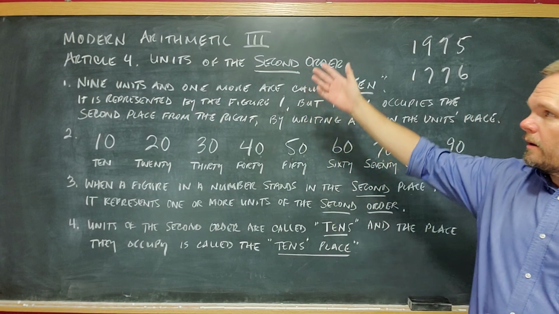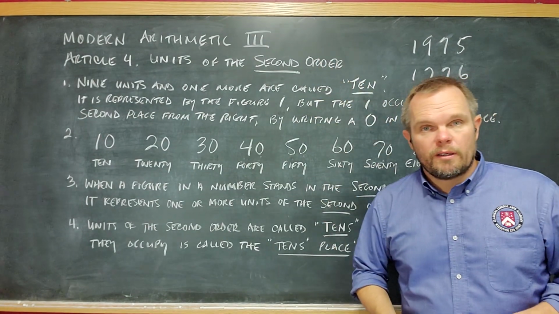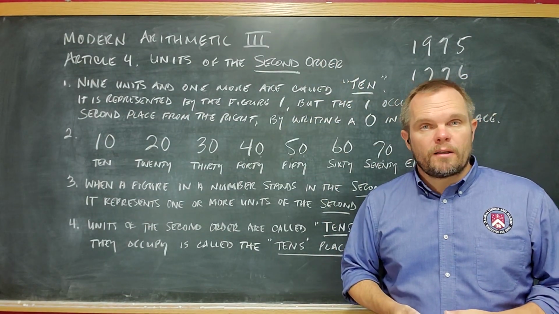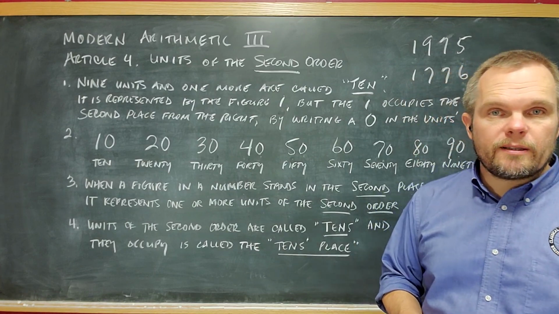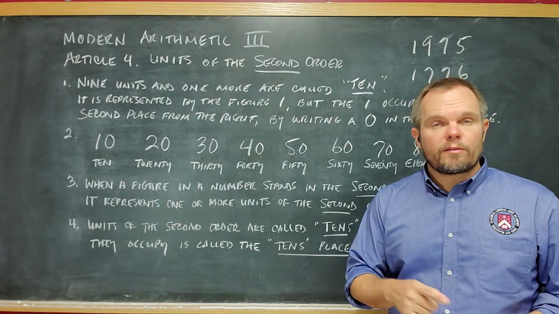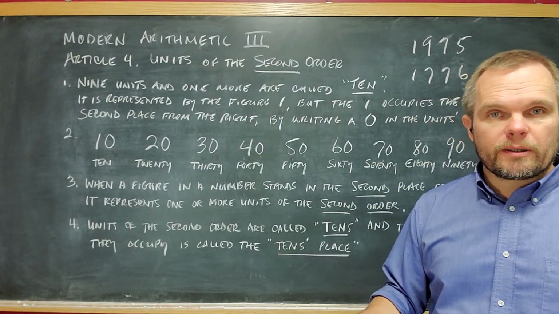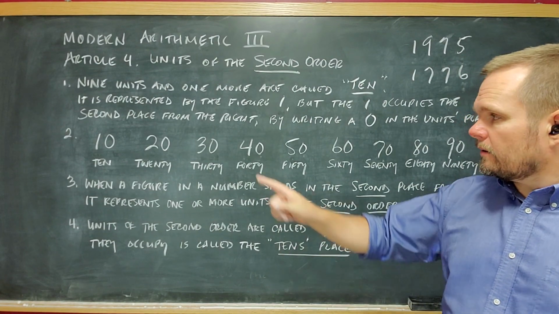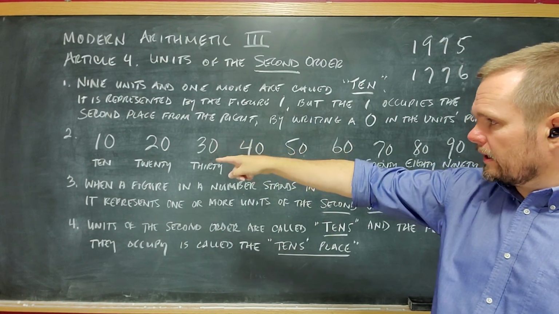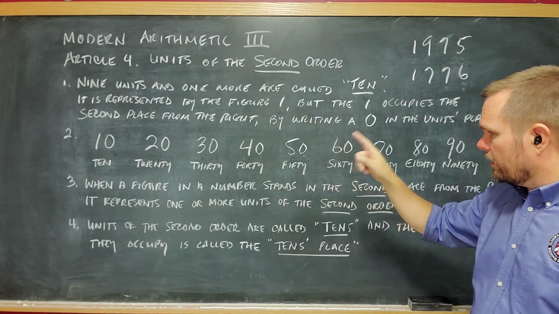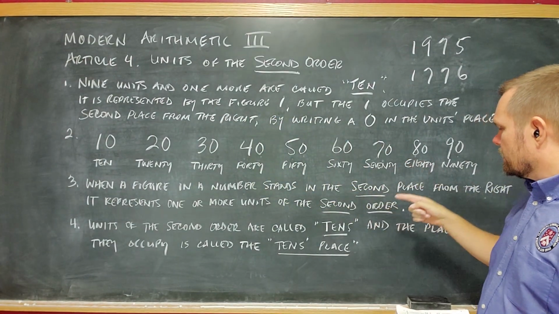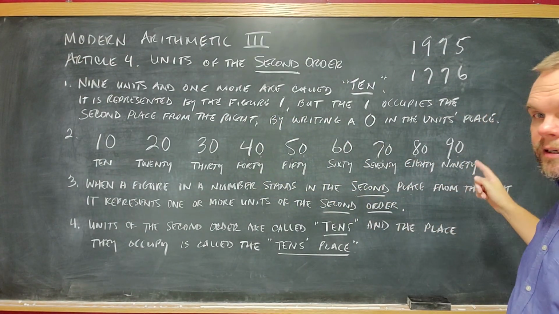So, at the end of Article 4, if you study everything carefully, you should be able to write the numbers 1 through 9 in Arabic notation, and you should be able to write the numbers 10, 20, 30, 40, 50, 60, 70, 80, and 90.